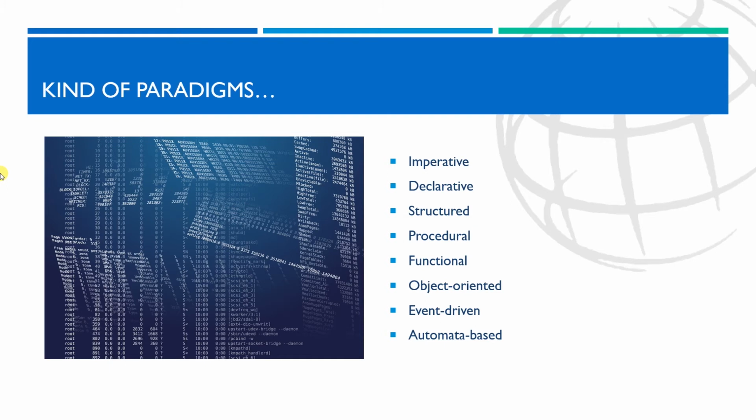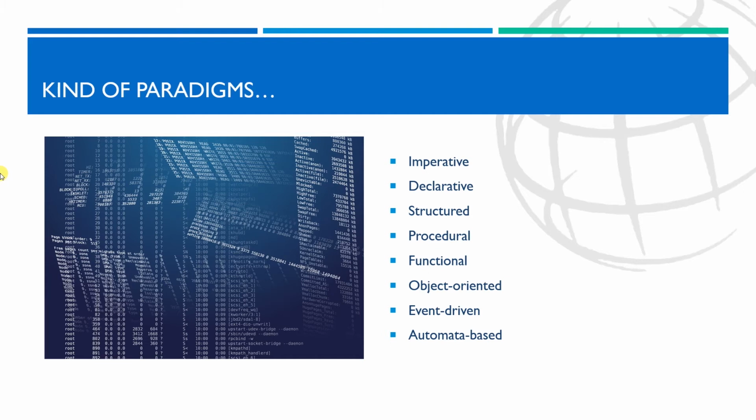Some examples of languages using this paradigm are C++, Java, Kotlin, PHP, Python, and Ruby. And we have another one, declarative programming, which focuses on what to execute and defines program logic, but not detailed control flow. Some examples are SQL and regular expressions.